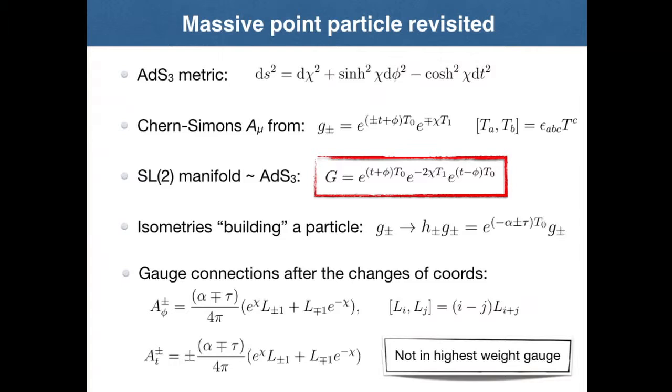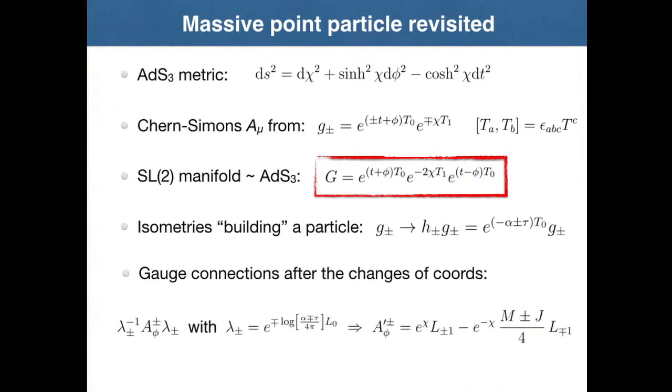But in this particular case, you can easily save the whole procedure, because you can easily find a gauge transformation which brings you to the highest weight gauge. And in this particular case, moreover, the gauge transformation is kind of trivial, because it can be interpreted just as a shift of a radial coordinate, essentially.